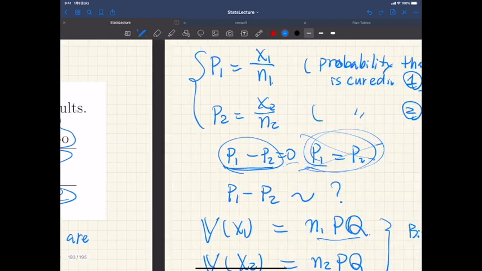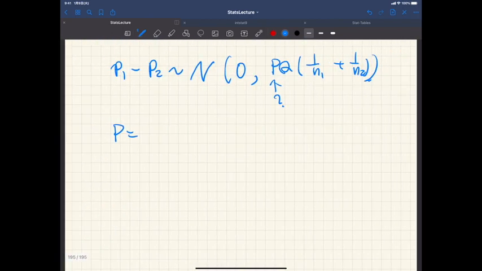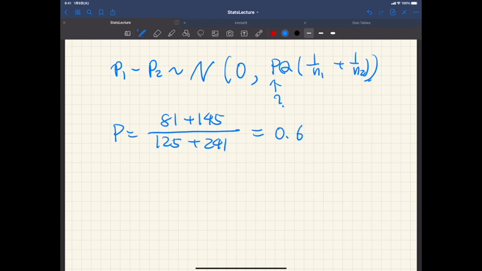We approximate p by 81 plus 145, divided by 125 plus 241, which is approximately 0.618.